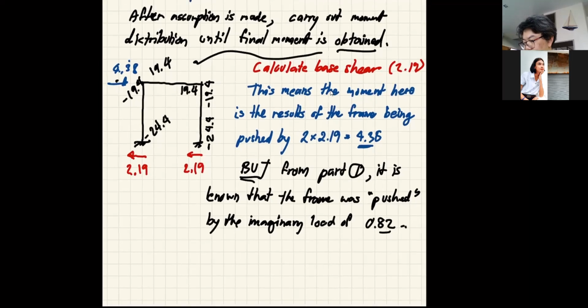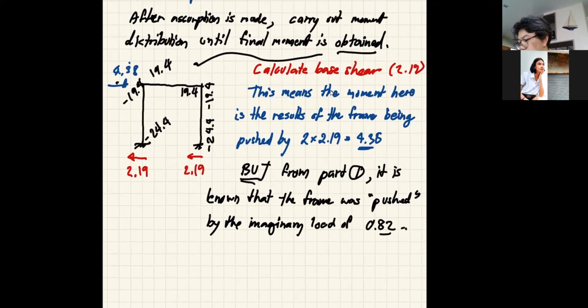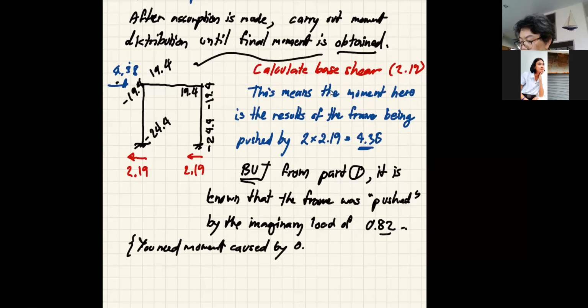Luckily, well, let's say you need moment caused by 0.82, but instead you have moment caused by 4.38.